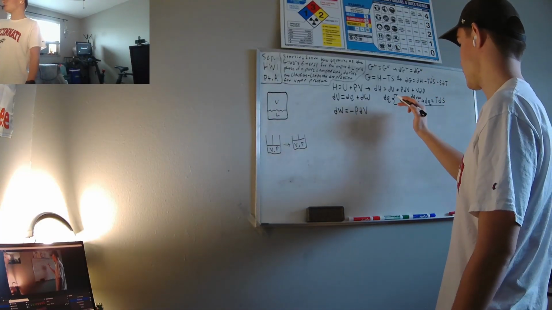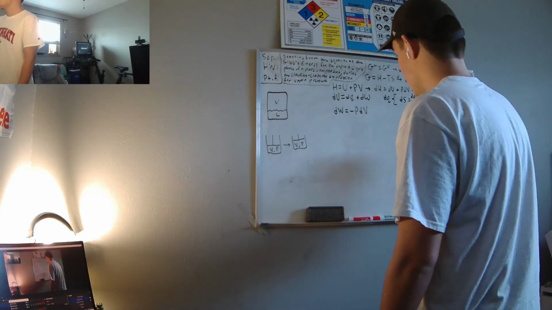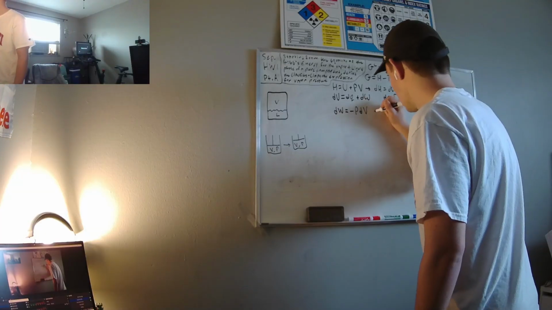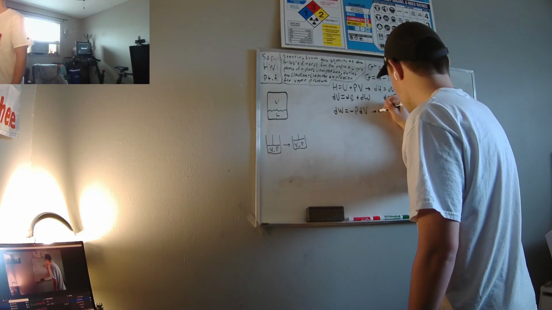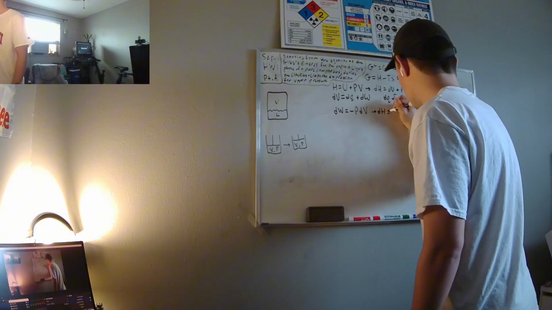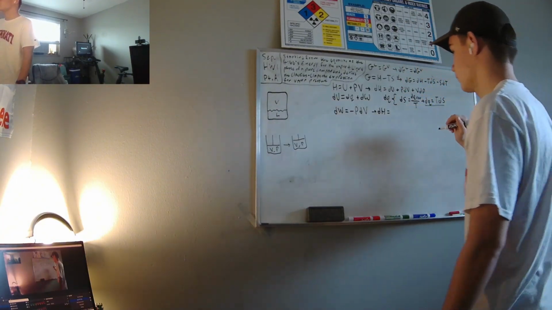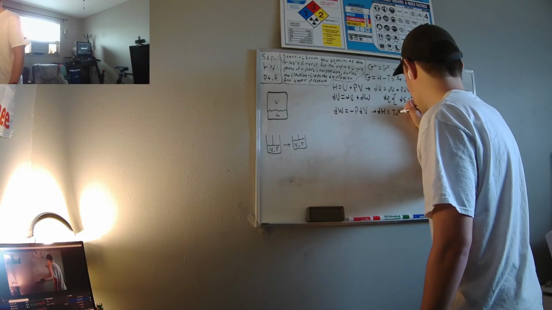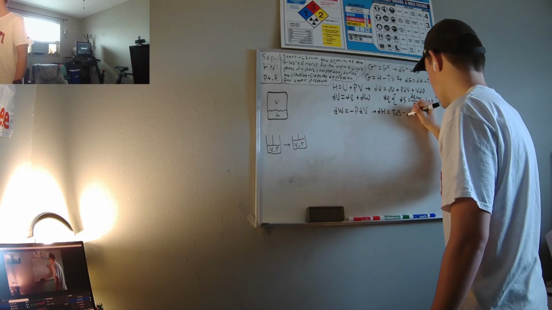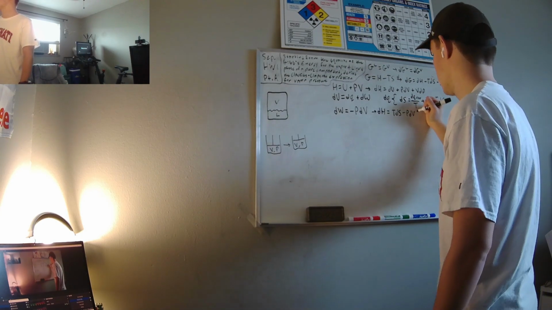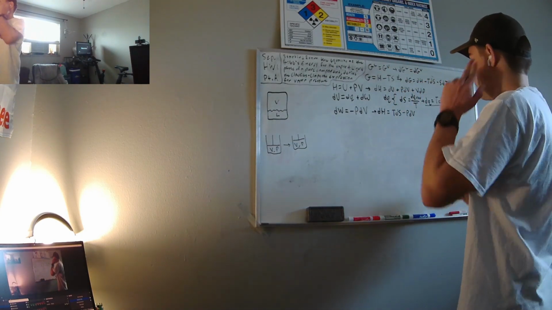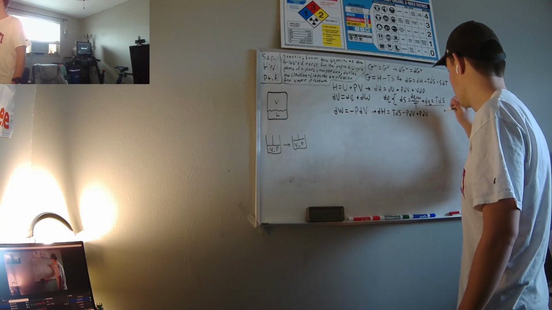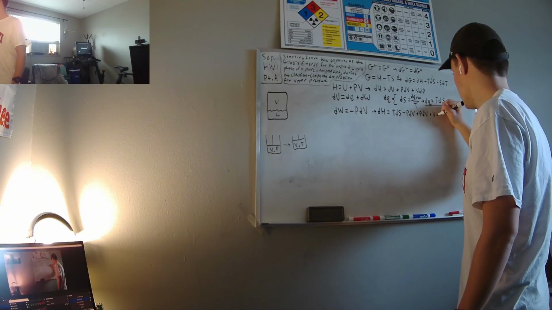Taking these two expressions that we've just found and plugging them in for dU, we can get our dH equals TdS minus PdV plus PdV plus VdP.